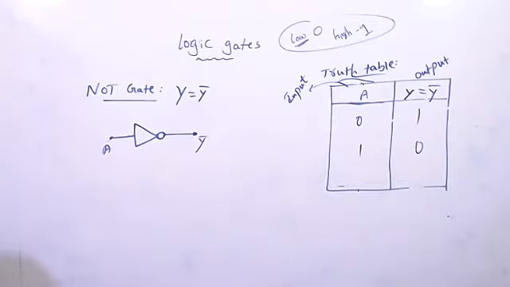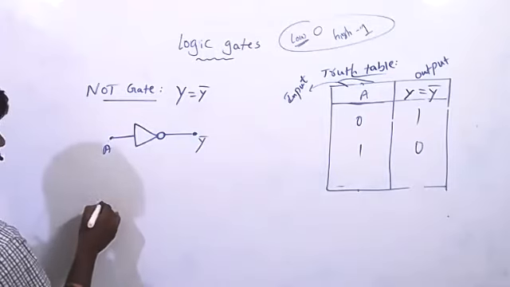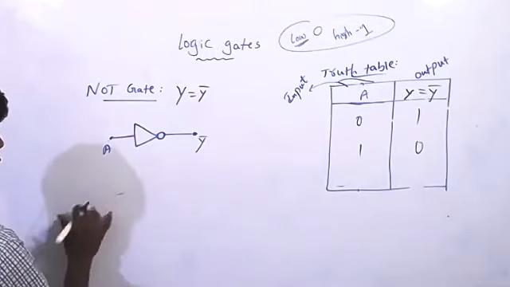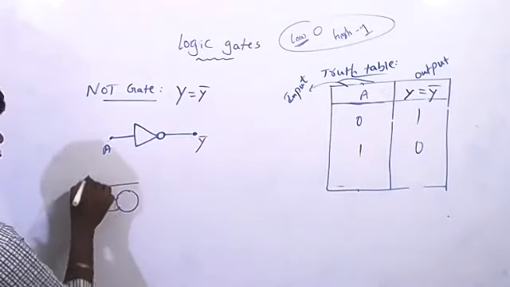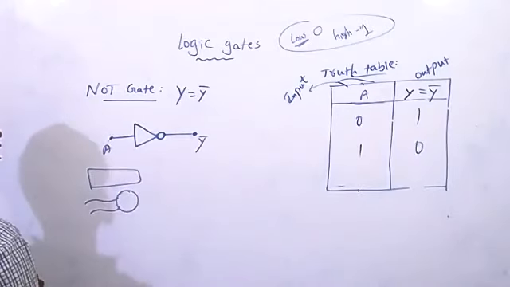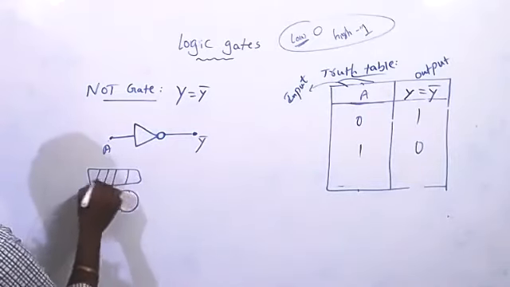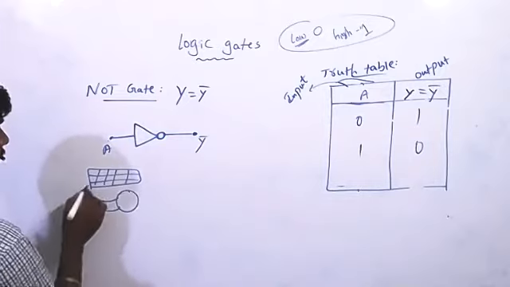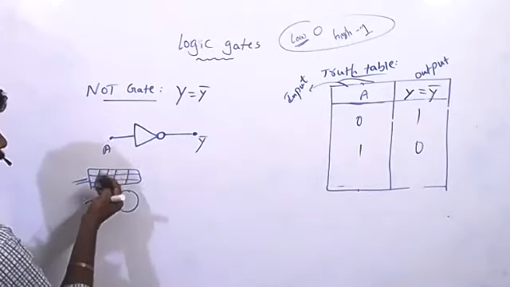Any idea that when you give input low, output is high? No, sir. No? You know, right? Street lights? You know, street light? Yes, sir. The solar plates will be there. Did you see? Now in the daytime, solar plates will gain more amount of heat.